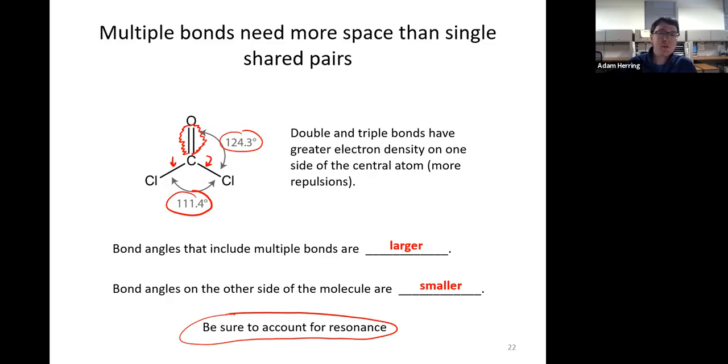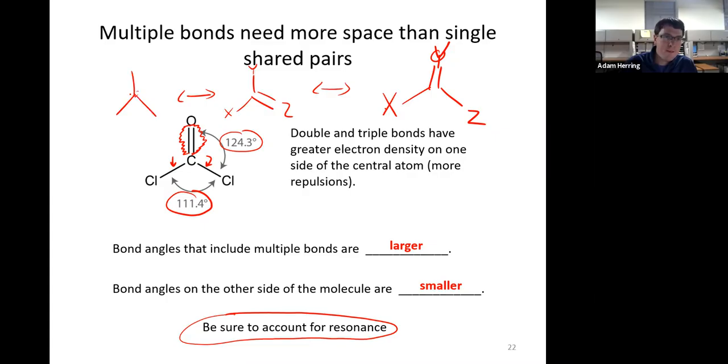The reason is, let's say we have a scenario where, let's call this X, Y, and Z, and let's say that we have resonance forms that are all the same.